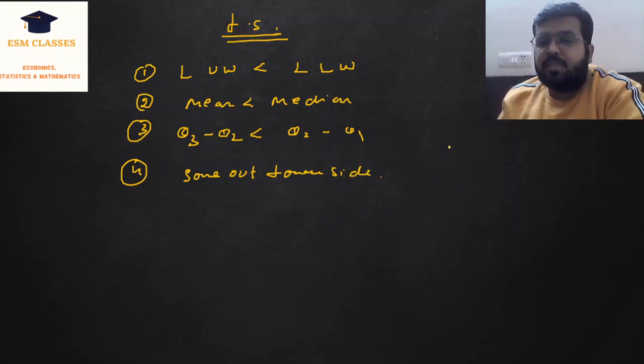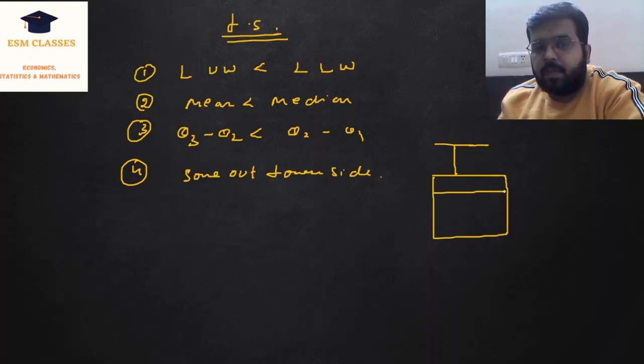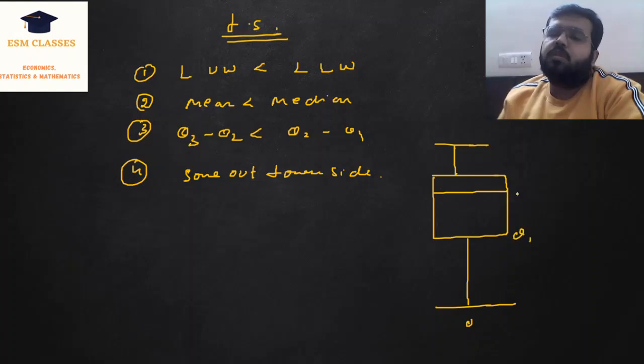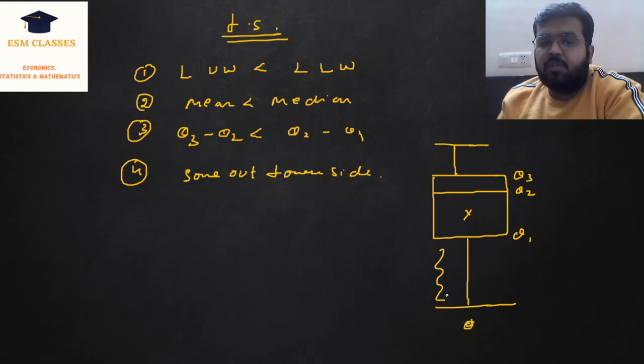So basically in this case, my diagram will look like this. This is Q1, this is Q2, this is Q3, and the X is lying here, and this is an outlier. In this case, the length of the lower whisker is more as compared to the length of the upper whisker.